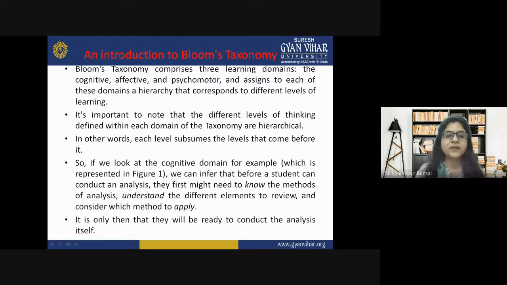If we look at the cognitive domain, for example, we can infer that before a student can conduct an analysis, they might need to know the method of analysis, understand the different elements to review, and consider which method to apply.